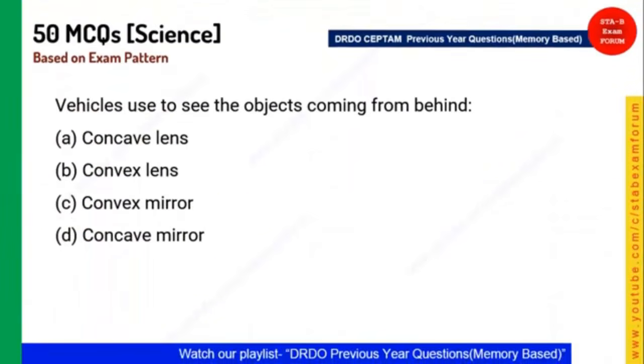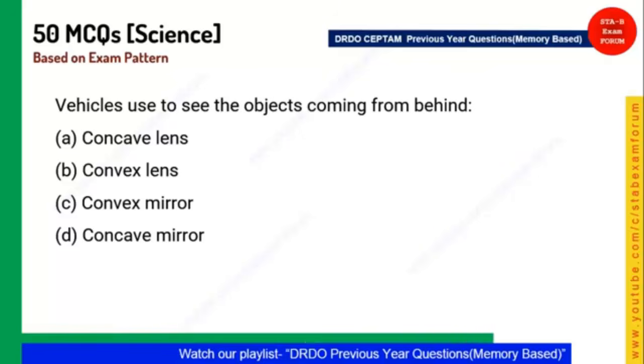Quickly coming to the next question, it is again from physics, a very common question asked in various exams. Which mirror is used in a vehicle to see objects from behind? As you have seen in your two-wheeler or four-wheeler, there is a rear view mirror, with which you see the back view.